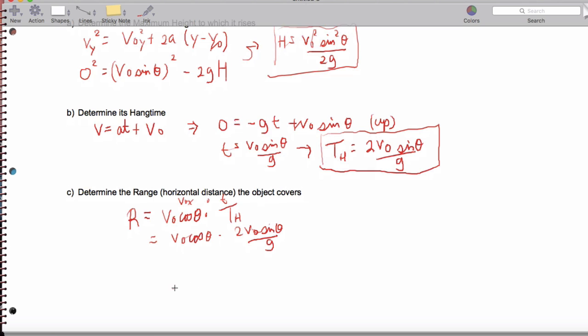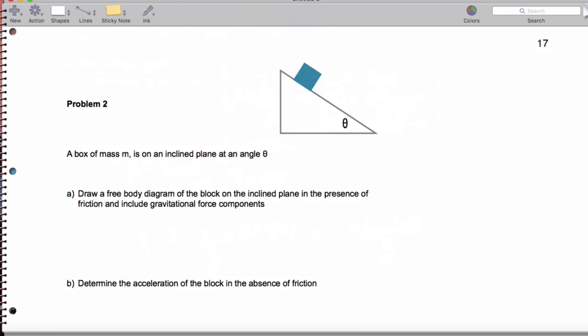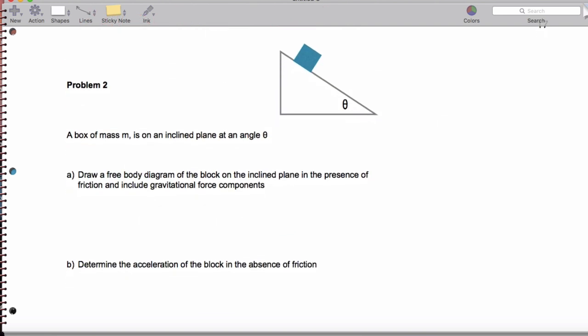And so when we simplify all this out, this is going to be v naught squared 2 sine theta cosine theta all over g. Or you can simply write this as v naught squared sine of 2 theta divided by g. And that's our range. All right, I believe that is the first problem on this part of the practice test.